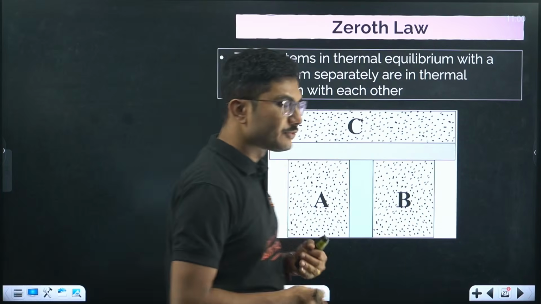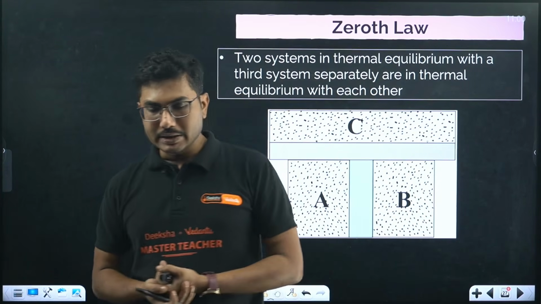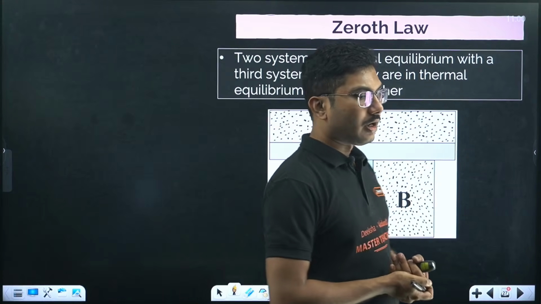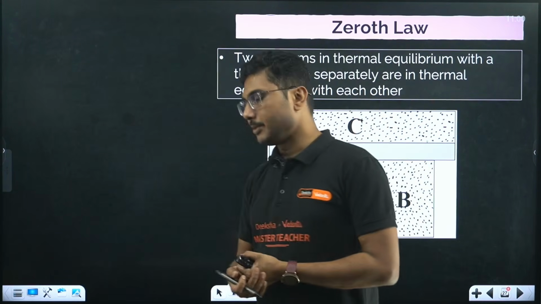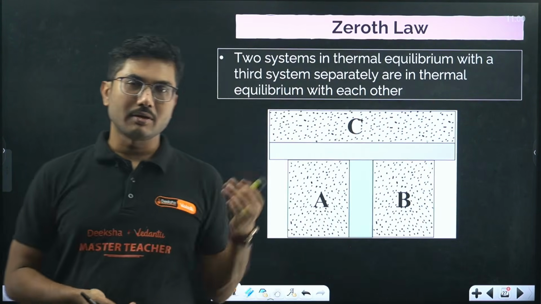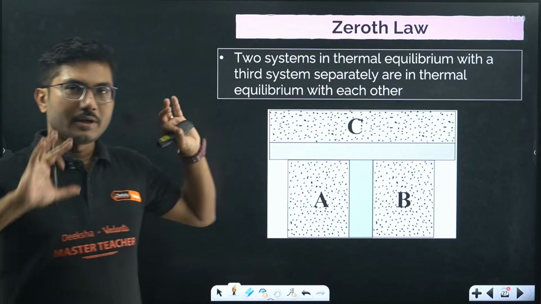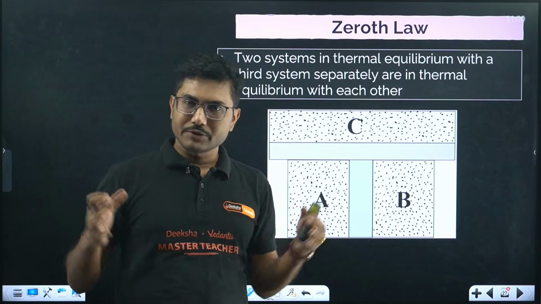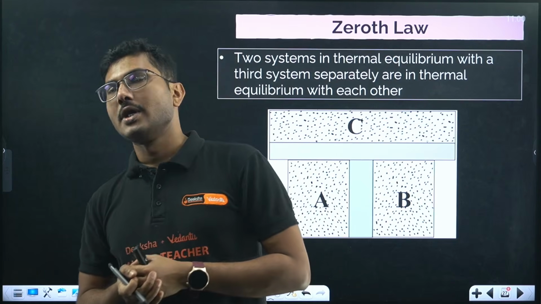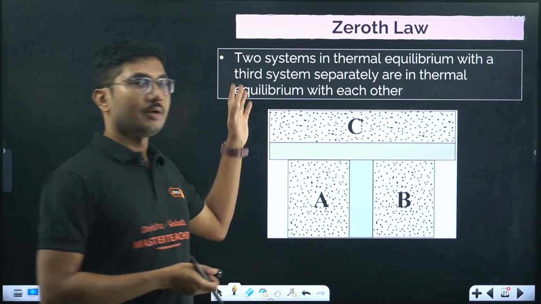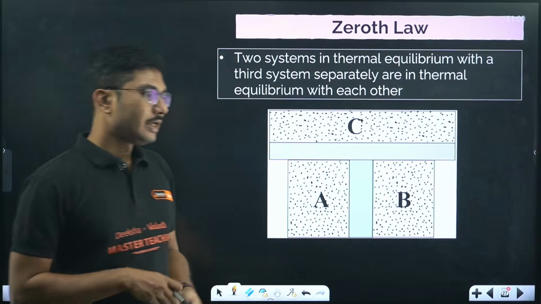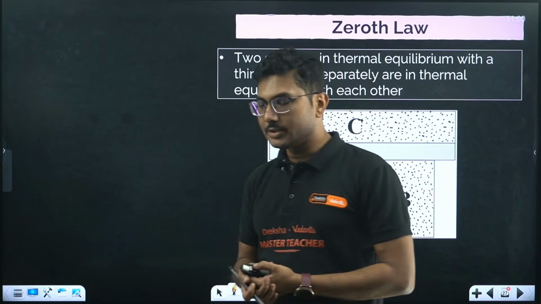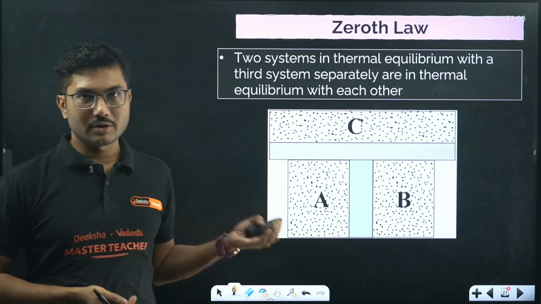Now there is a history of the zeroth law. Most of you know that. Why is it called the zeroth law? Because the first law and second law were already given by people who existed before. Kelvin and his team had already well established the laws of thermodynamics. But suddenly after some time, there is a person called Pauli, he discovered that there is one more law, and that law is more fundamental than the first law and second law.